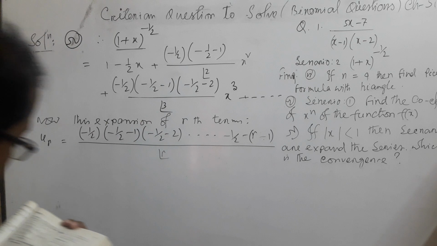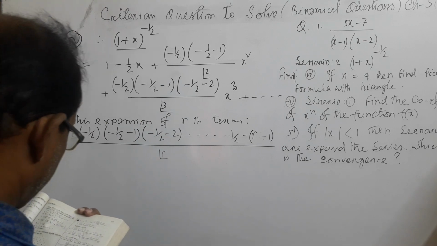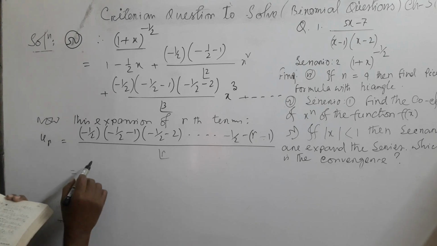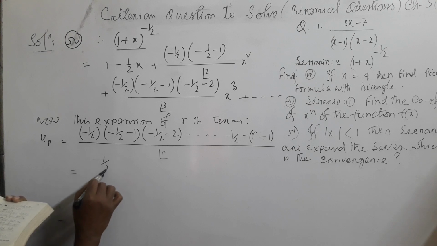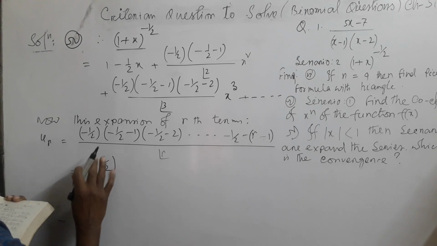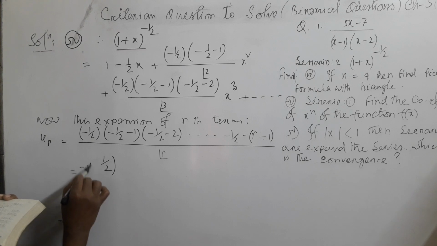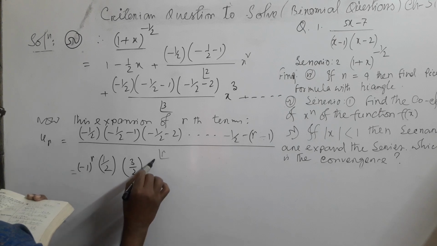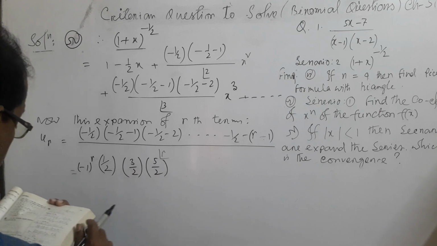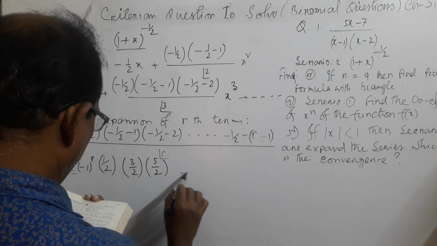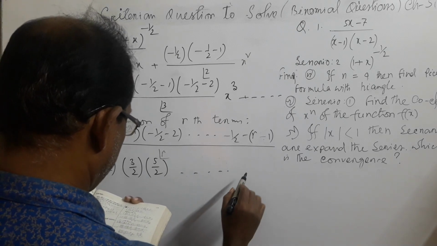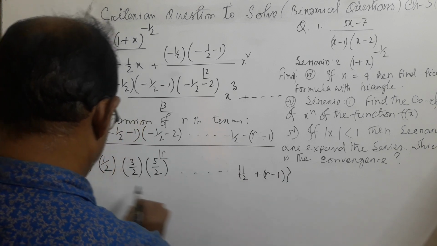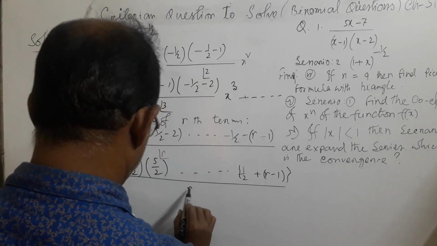So that's equal to minus half. Minus 1 to the power r and 3 by 2, 5 by 2, up to half plus r minus 1, divided by factorial r.